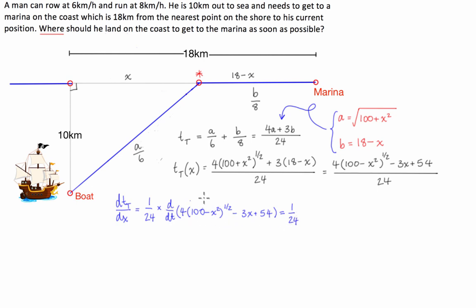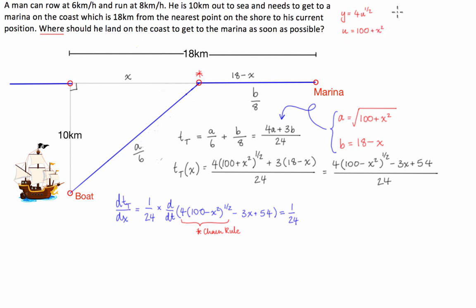So we still have that 1/24 out the front. But the tricky part with this one is taking the derivative of the half power piece at the front. This is going to require the chain rule to differentiate it because we have a function within a function. For example, I can say my outside function is y = 4u^(1/2), and my inside function u = 100 + x².